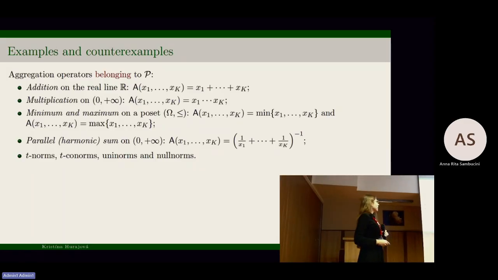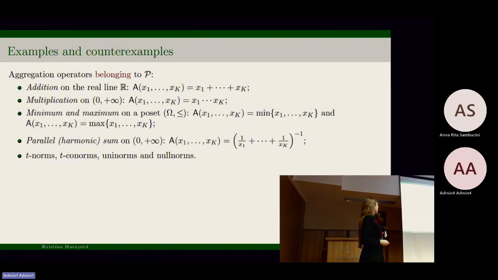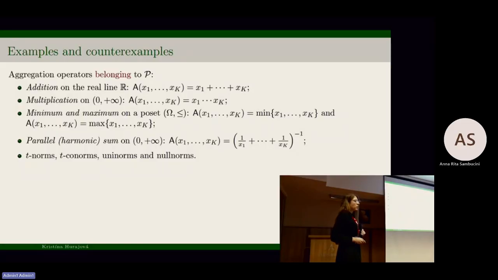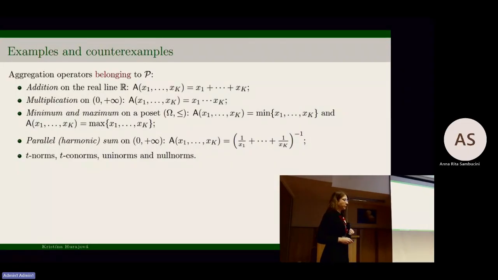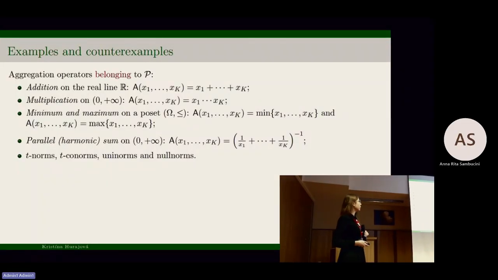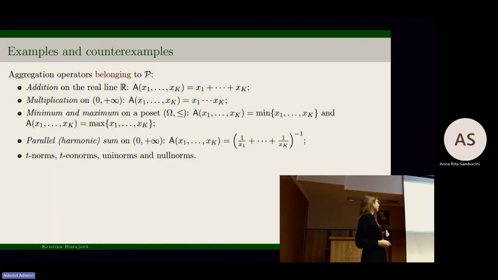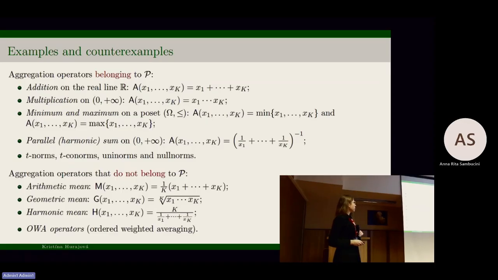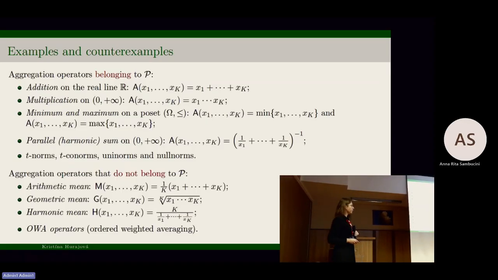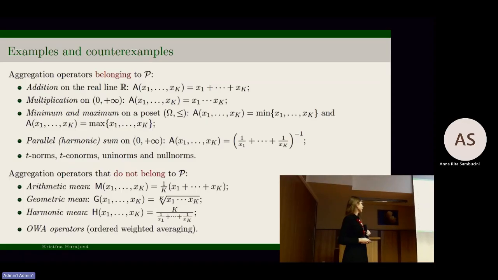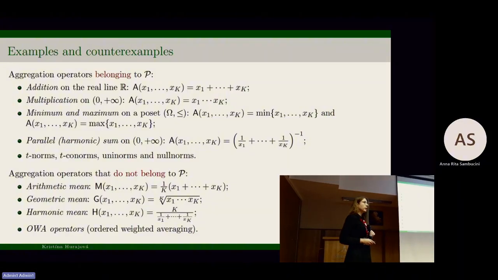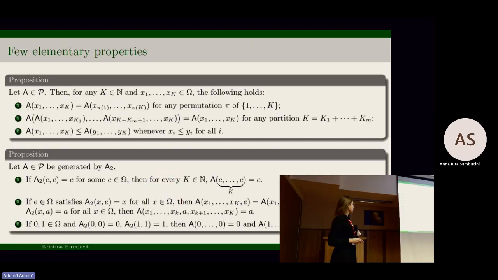An interesting example is the parallel or harmonic sum, because it doesn't use a normalization factor depending on the number of inputs. In contrast, they exclude mean-like operators, the arithmetic, geometric and harmonic mean, because they depend on the number of inputs.